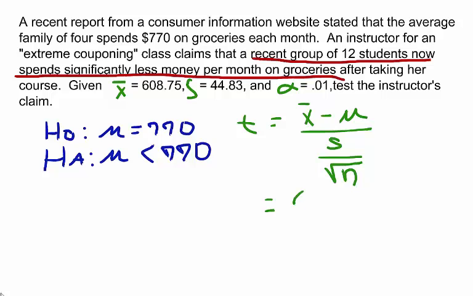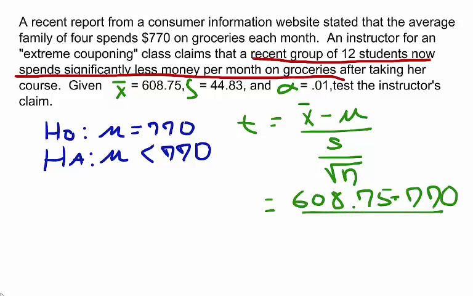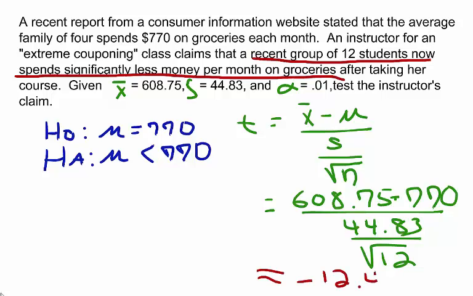Plugging in our values, 608.75 minus 770 divided by 44.83 divided by the square root of 12. Calculating this, you should get a result of negative 12.46.